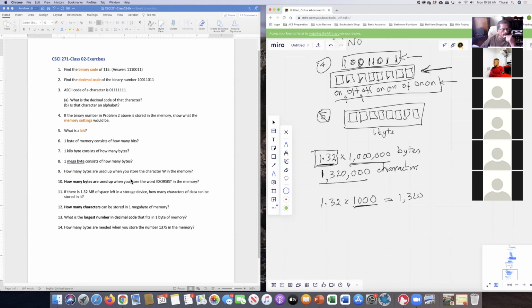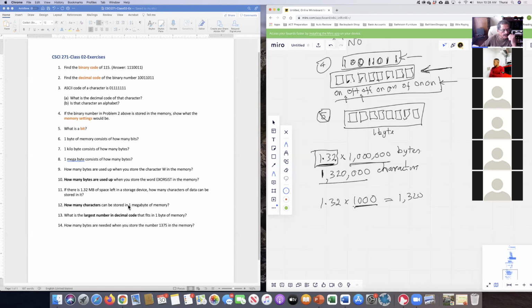All right, going over to the next question, which is how many characters can be stored in 1 megabyte of memory? Anybody? 1 million characters. That's it. 1 megabyte has 1 million bytes.